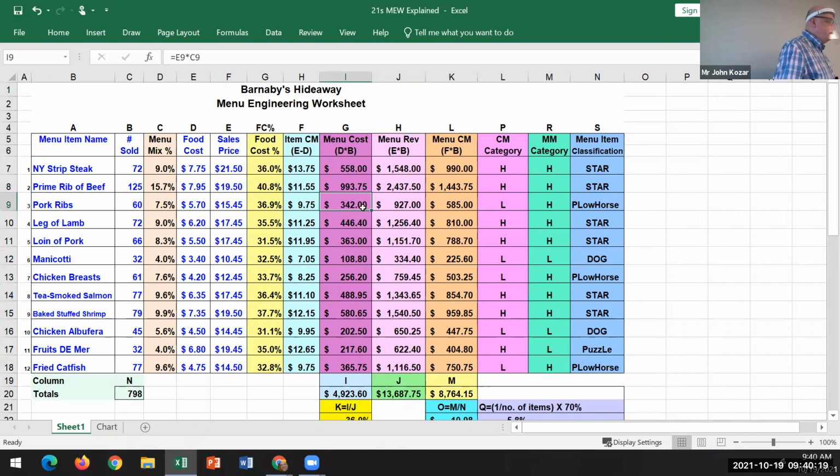All right, so this is a sheet that we use to analyze how well our menu is performing.